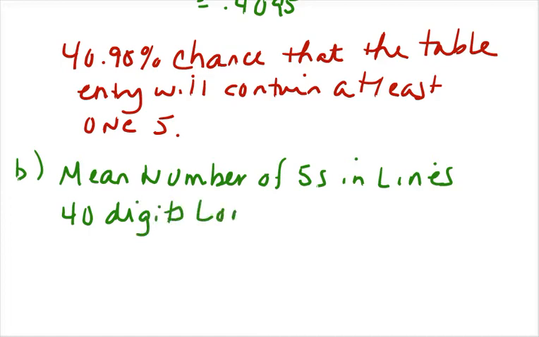So we have a binomial distribution, and you know what the mean of that distribution is, right? The mean is equal to np. And let x equal the number of 5s.